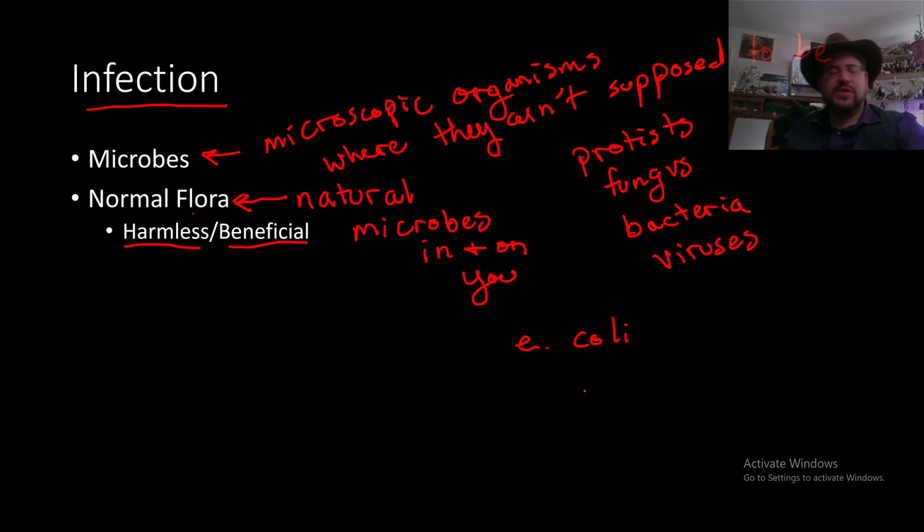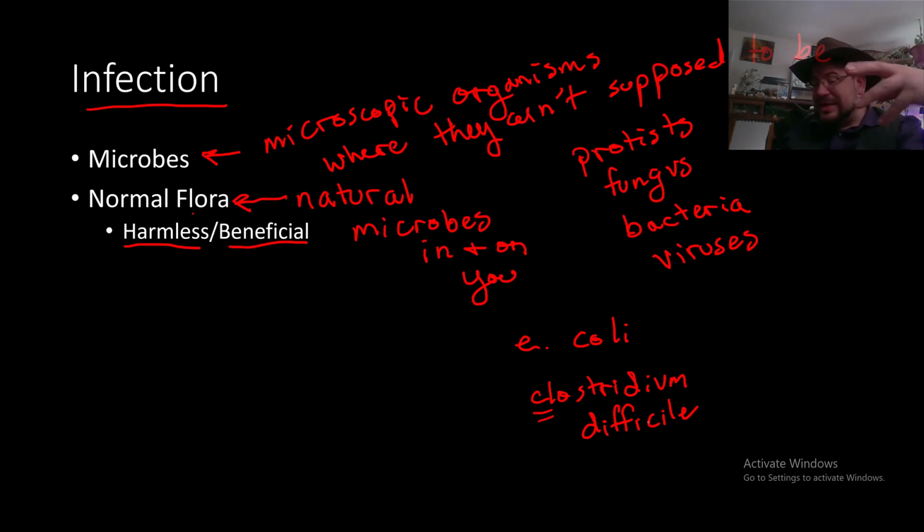And if you've got a large, healthy population of E. coli in your gut, and something disease-causing, like Clostridium difficile, which is a bacterium that can colonize your gut, comes along, it basically can't find any place to stay.